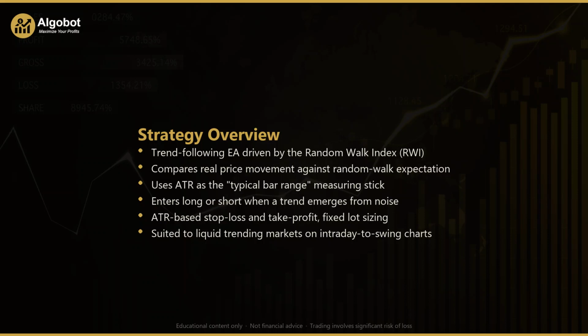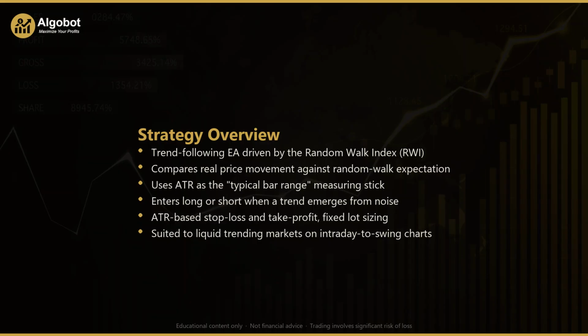Over a stretch of, say, 10 bars, a purely random market is only expected to wander a certain distance, roughly the square root of the number of bars, multiplied by the typical size of a single bar. If the market has actually moved much farther than that random expectation, then the movement is probably not random at all. A real trend has emerged from the noise, and that is what this strategy aims to detect and join.